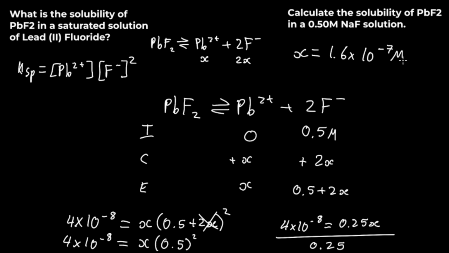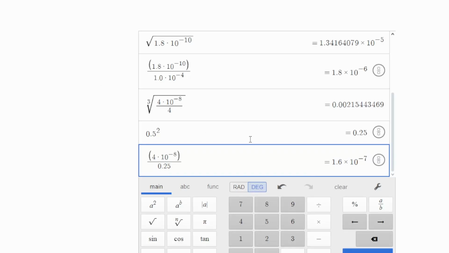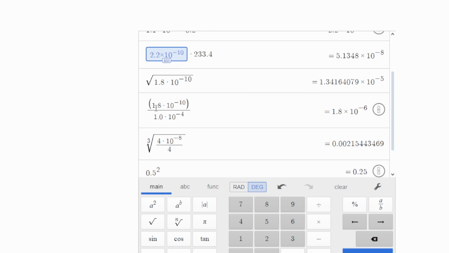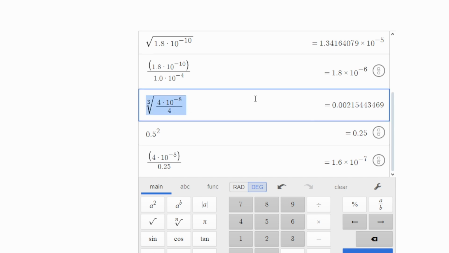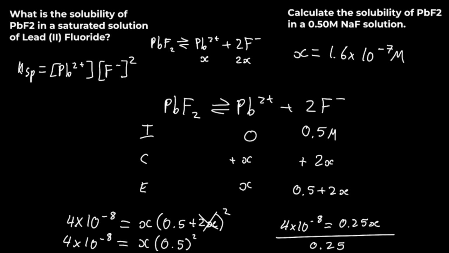So that's the solubility of PbF2 if it's in a solution like this. And looking back, this was the solubility for when it was just in water, or just there was no common ions, right?